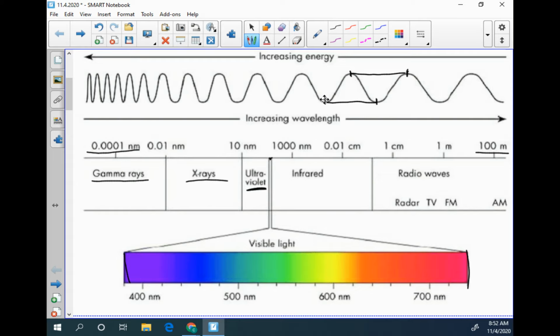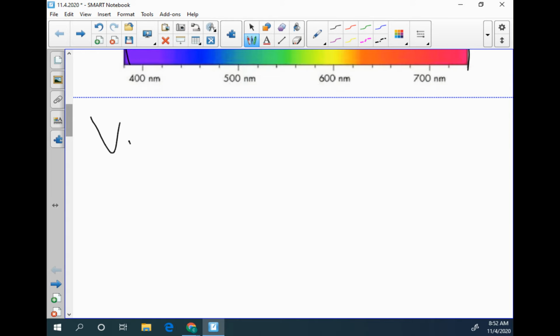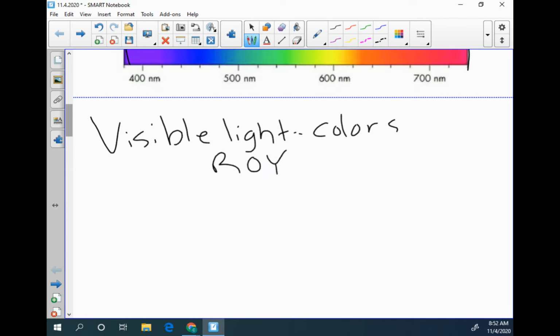That's the amount of visible light that we can see. So visible light is our colors, and our colors are red, orange, yellow, green, blue, indigo, violet. You're a big rainbow person.